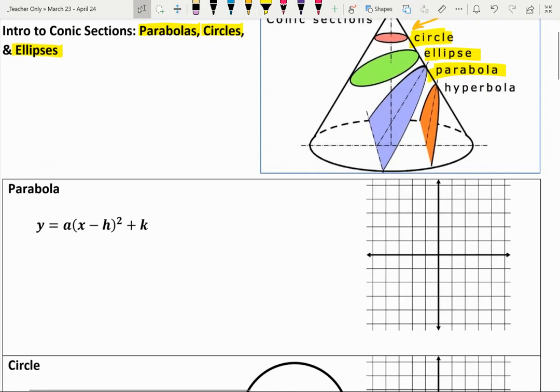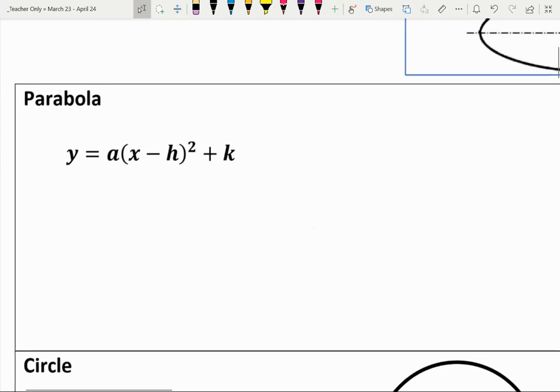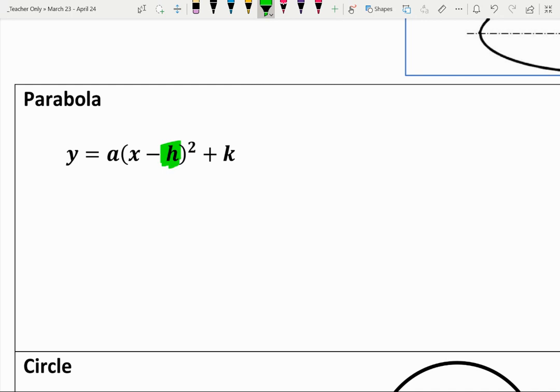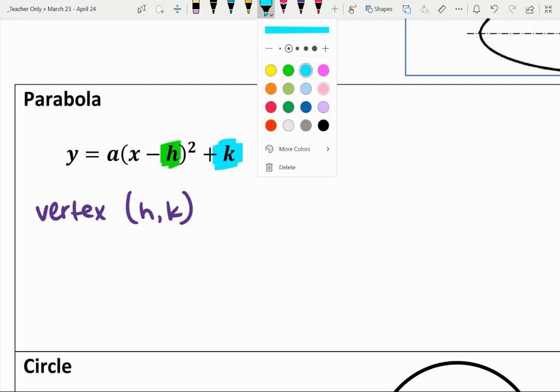So the parabola is actually familiar to us. It's our familiar conic section. The features that we know from vertex form of a parabola still apply here. We have our h and our k values, and h and k tell us the vertex, really where the parabola is centered.